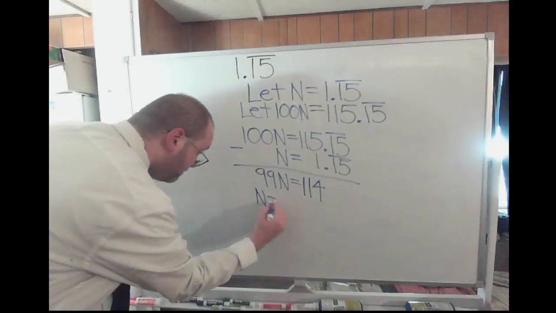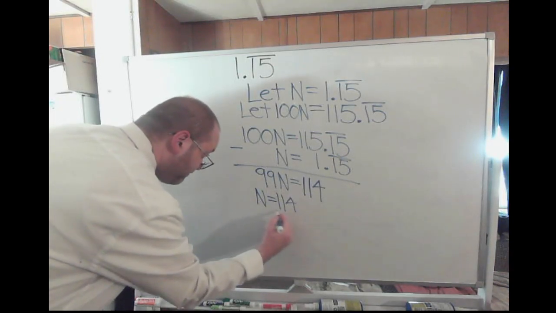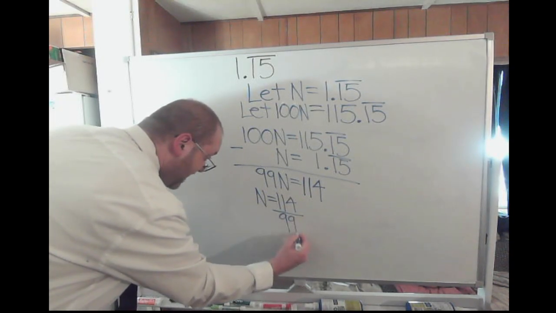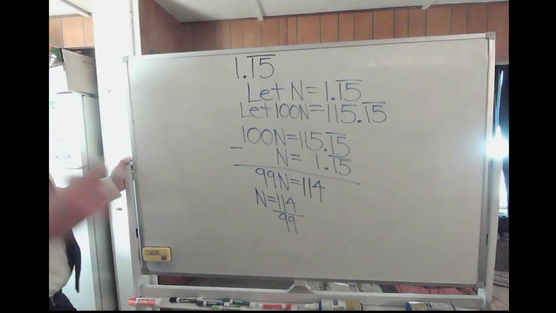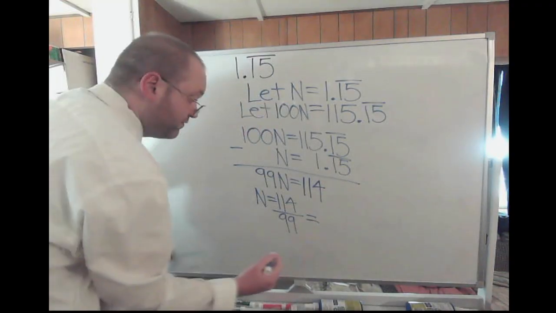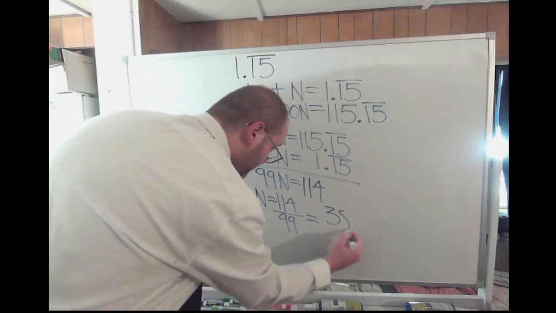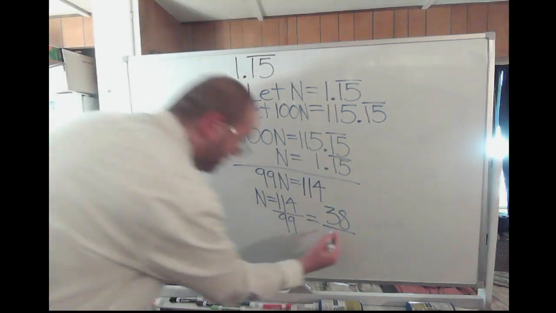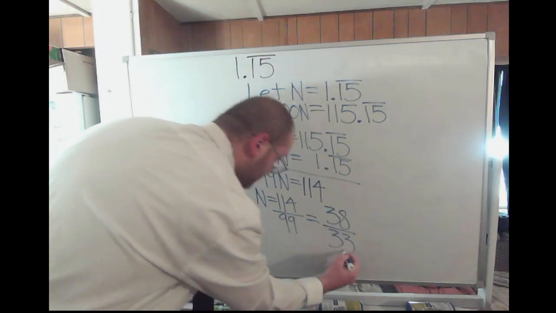n would equal 114 over 99, which actually does reduce further because both of those have a common 3. You divide 114 by 3, you get 38. Divide 99 by 3, you get 33, which reduces no further.